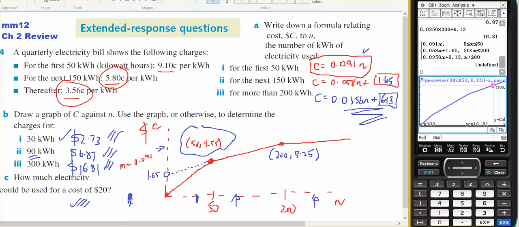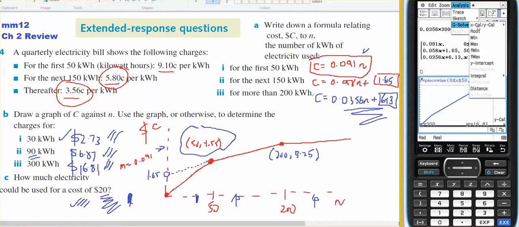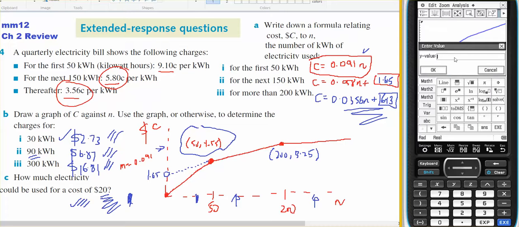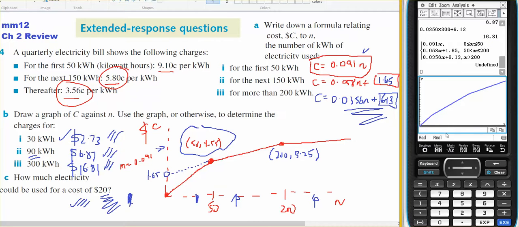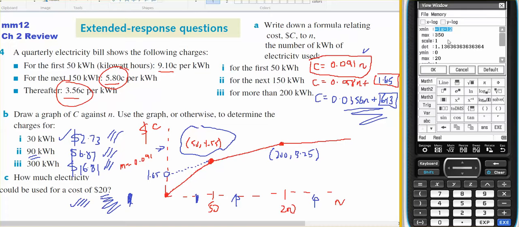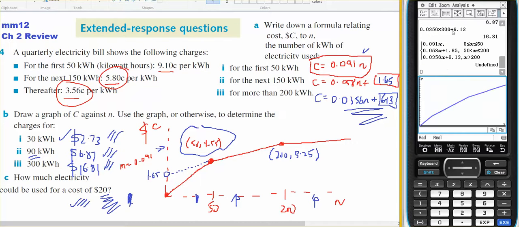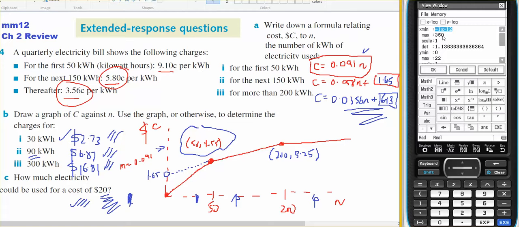And part C, if y was 20, what would x be? So I might do analysis, G-solve, and do an x calc, and put my y value as being 20, and it should tell me that my x value is not found. Why would that be? Oh, I didn't go up high enough maybe, so maybe I go up to 22. And I have to go across further, so maybe 400.